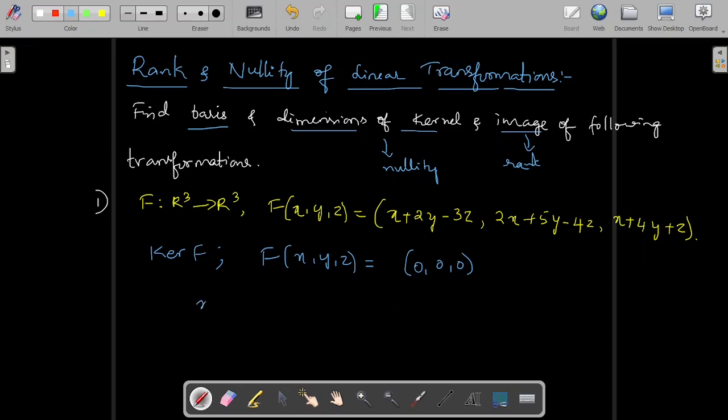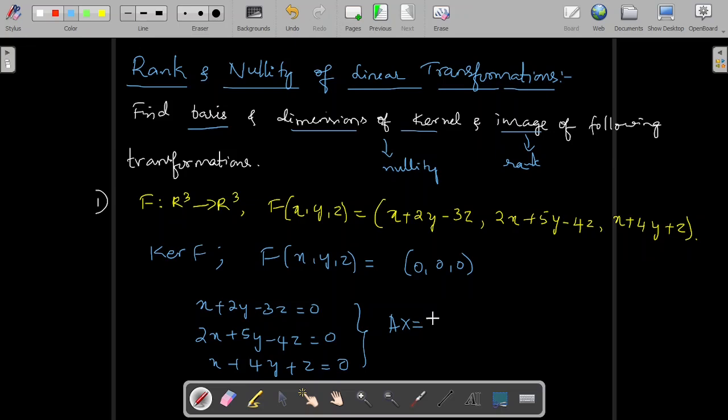That implies x plus 2y minus 3z equals 0, 2x plus 5y minus 4z equals 0, and x plus 4y plus z equals 0. What is this? This is a system of equations. This is a homogeneous system of equations, and it is denoted as Ax equal to 0. Now, to get the vectors which map to (0, 0, 0), you have to solve this system.